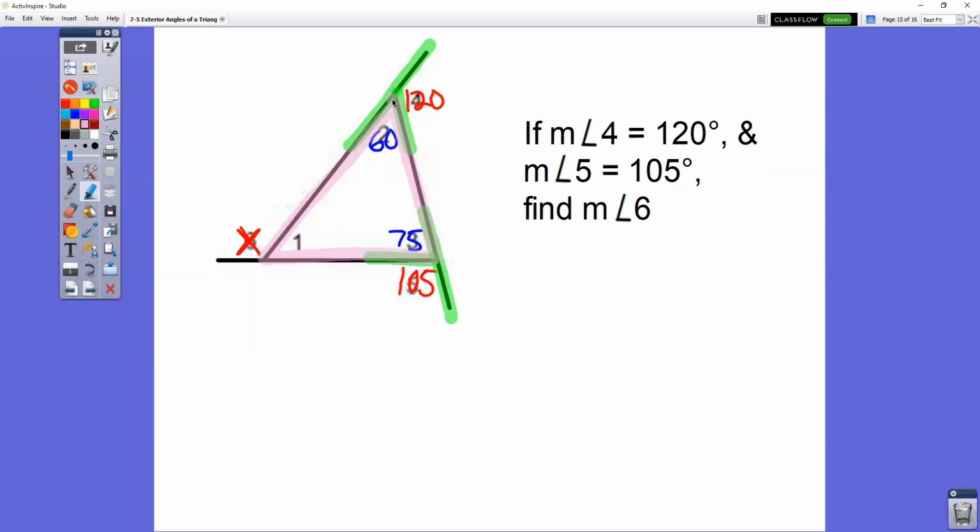The 3 angles of that pink triangle have to add up to 180. So 60 plus 75 gives us 135. 180 minus 135 gives us 45 for this angle.